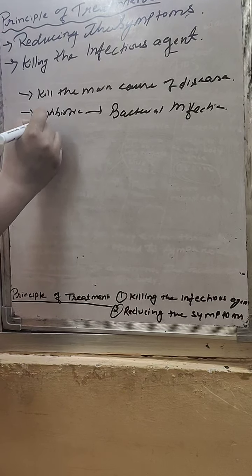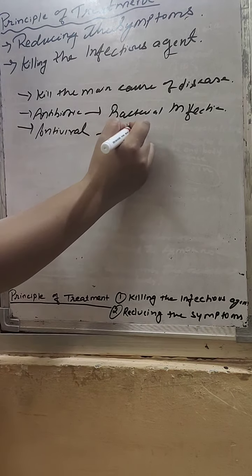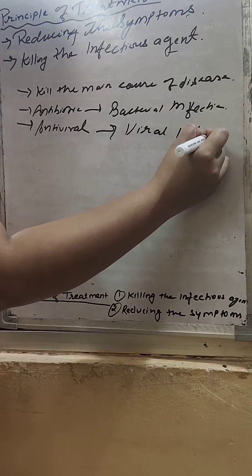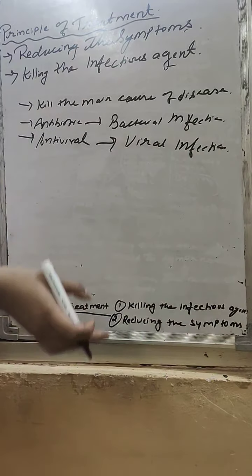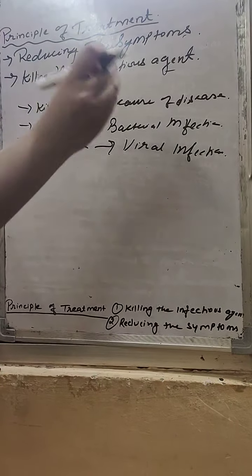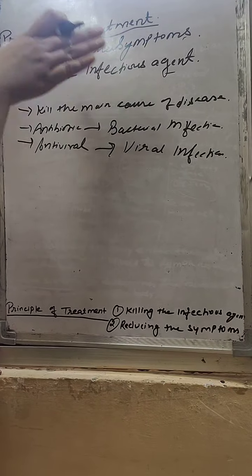If you are having a viral infection, then the doctor will give you antiviral drugs, so it will kill the viral infection. So in killing the infectious agent through antibiotic and antiviral drugs, we are killing the bacteria or the virus, which is the main cause of our disease.